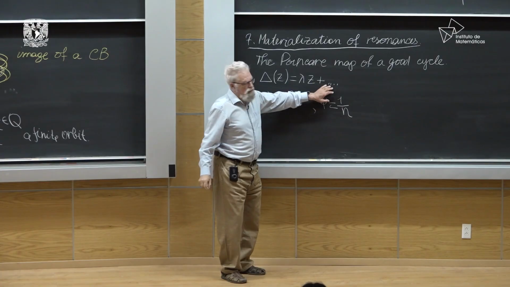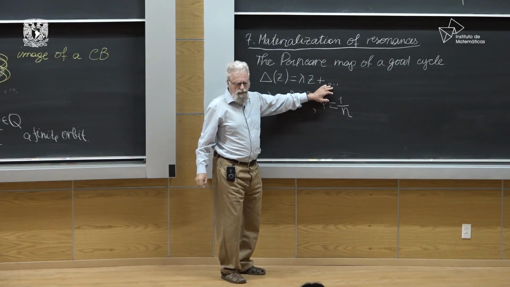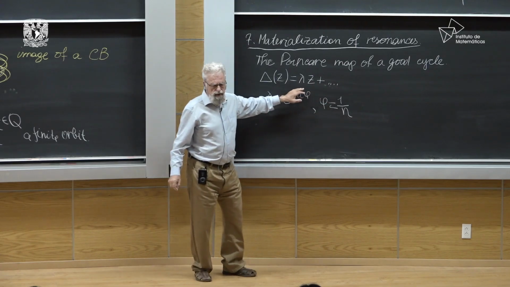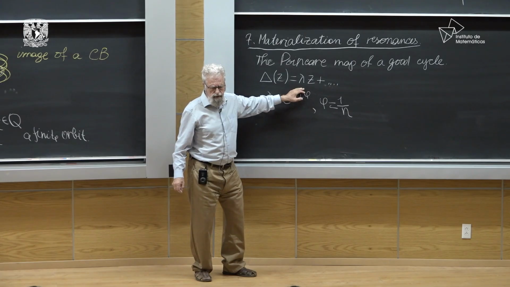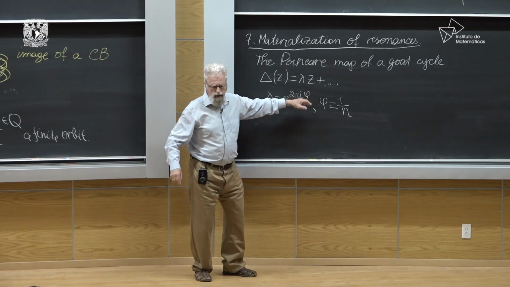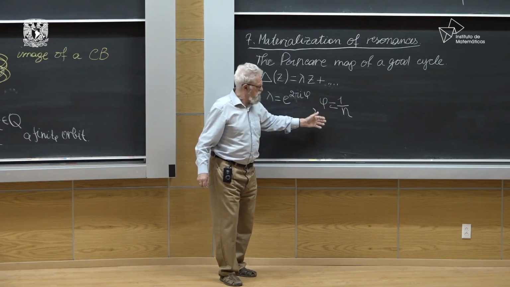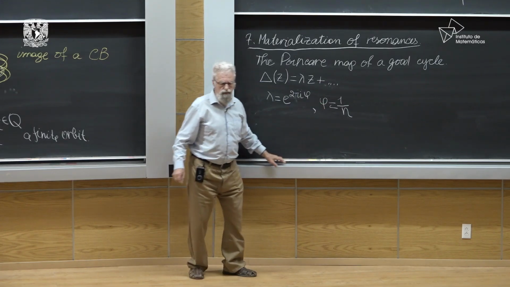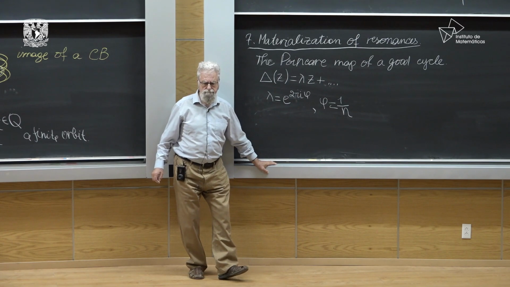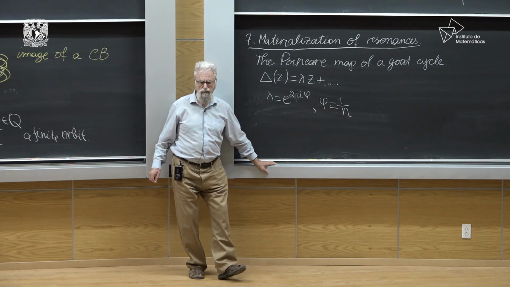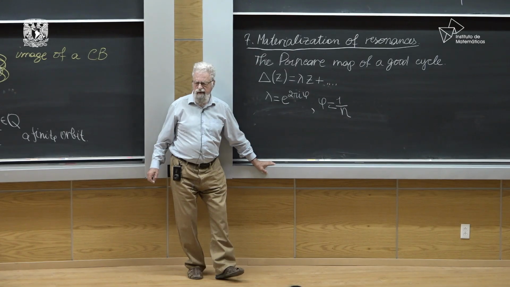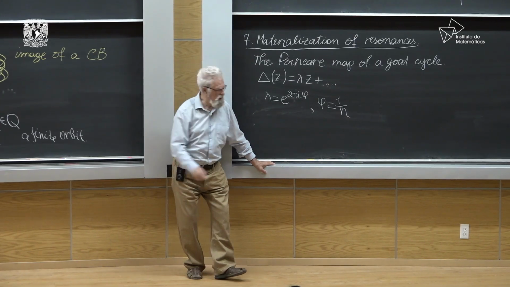If the higher order terms are not present, then you already know the behavior of this linear map. All the orbits of the points are periodic with what period? N, exactly, yes.